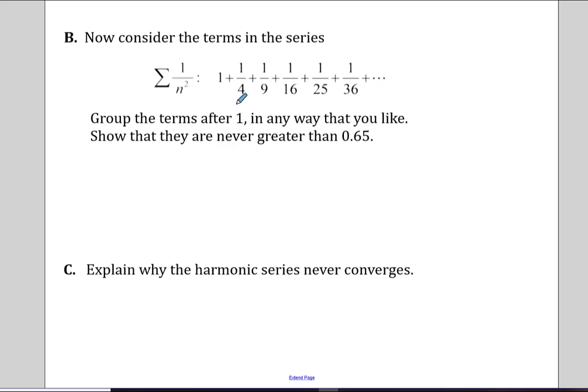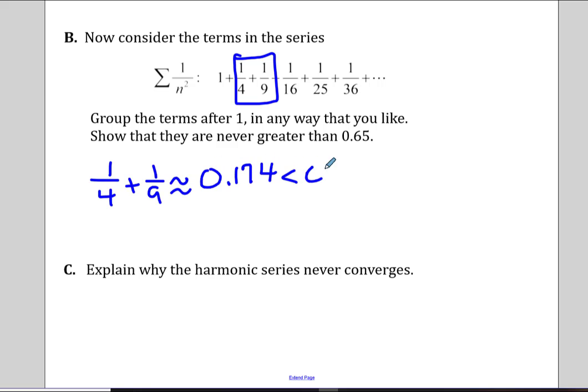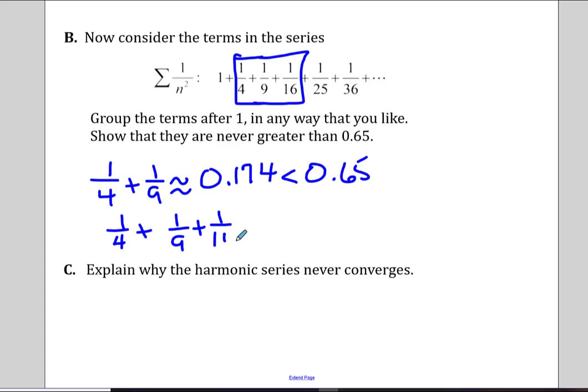I looked at these first two, 1/4 plus 1/9, which is about 0.174, and that's definitely less than 65/100ths. If you add the next term, 1/4 plus 1/9 plus 1/16 is about 0.423, and that too is less than 65/100ths.